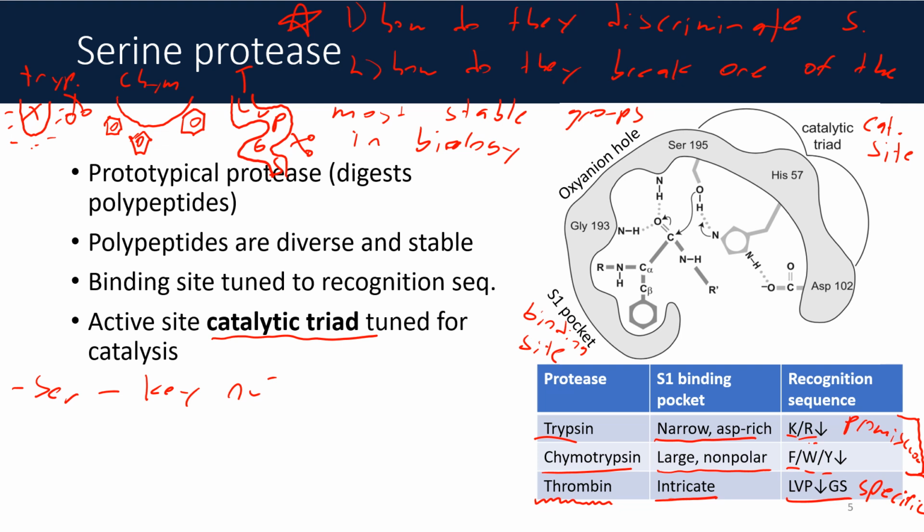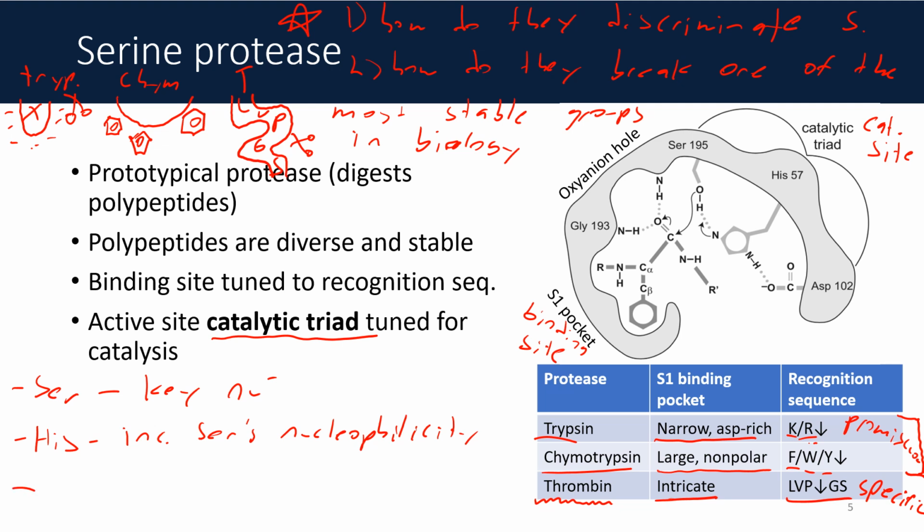The next component of the catalytic triad is histidine. The job of histidine is to increase serine's nucleophilicity through a combination of effects.